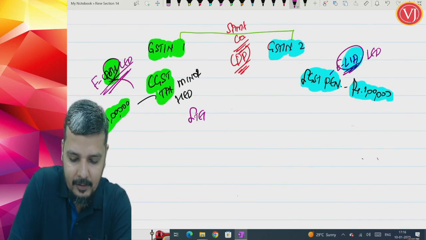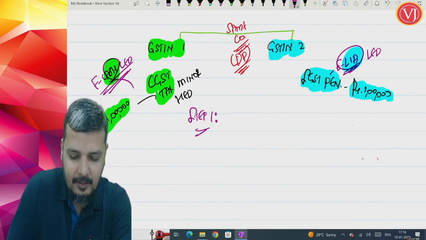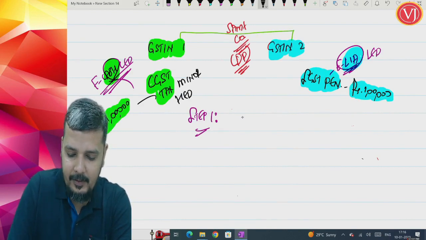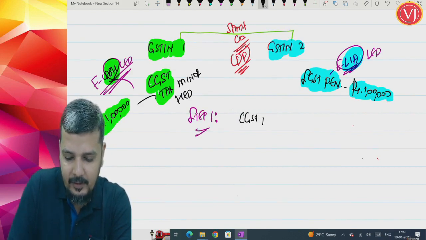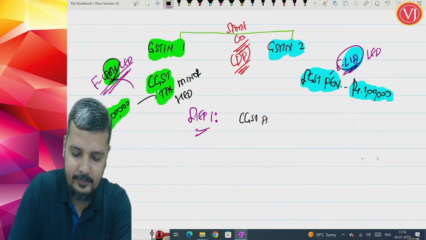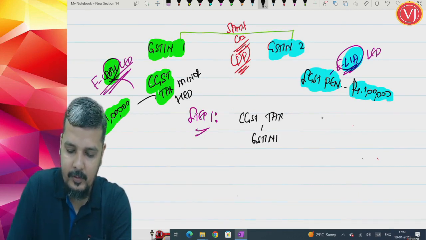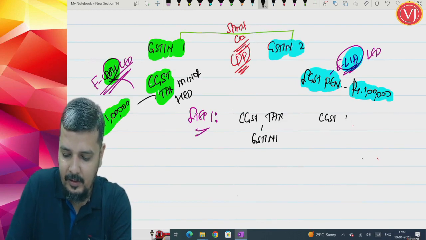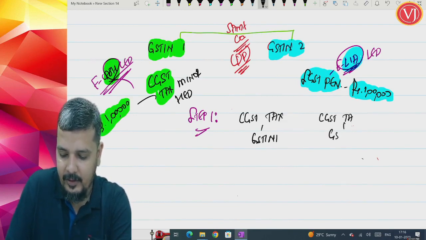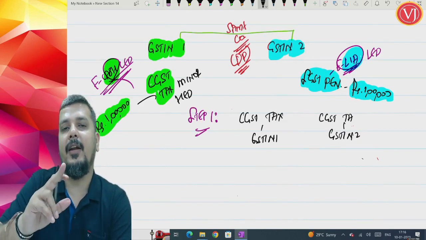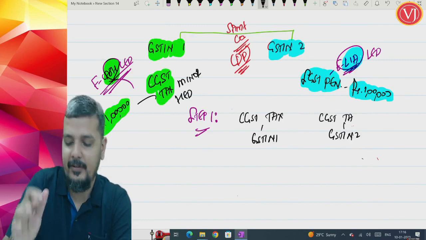Step number 1. Transfer from CGST tax of GSTIN1 to CGST tax GSTIN2. As I said, when you are transferring between 2 GST numbers, you can transfer only between IGST and CGST; SGST is not possible.